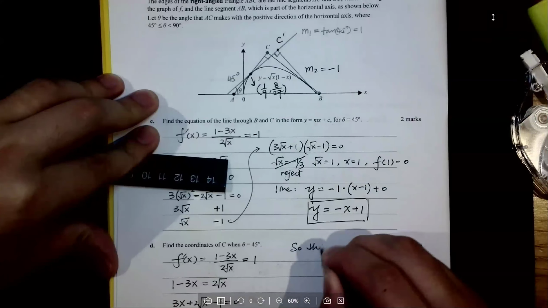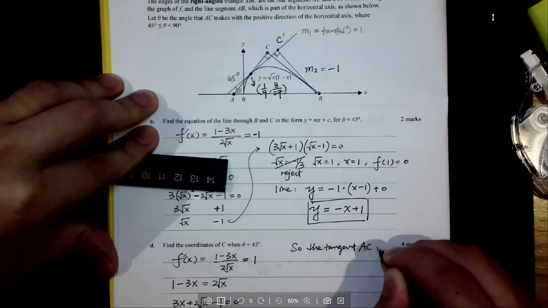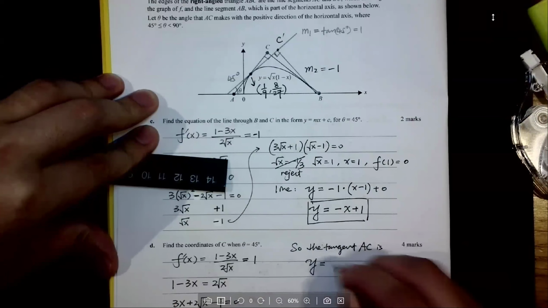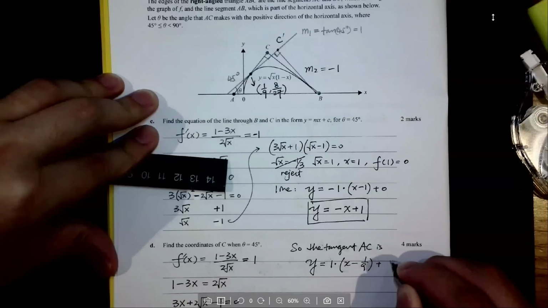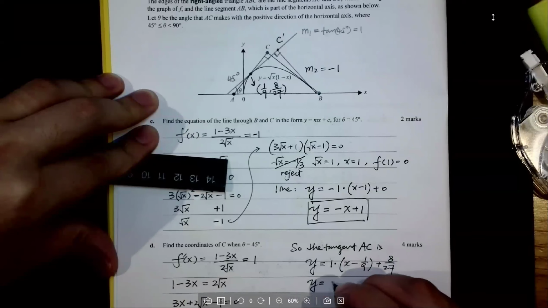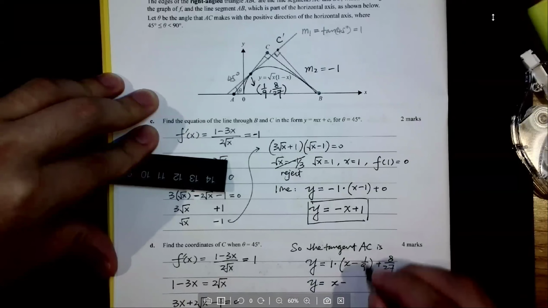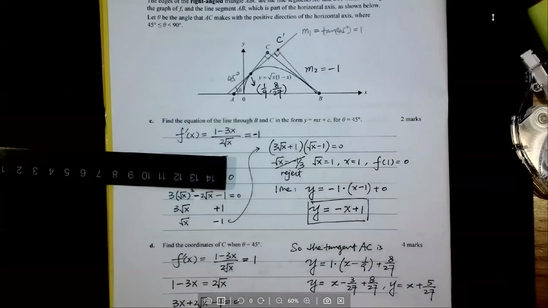So the tangent AC is y equals to 1 times (x minus 1/9) plus 8/27, which is like y equals to x minus 3/27 plus 8/27, and y equals to x plus 5/27, something along this line, I suppose.